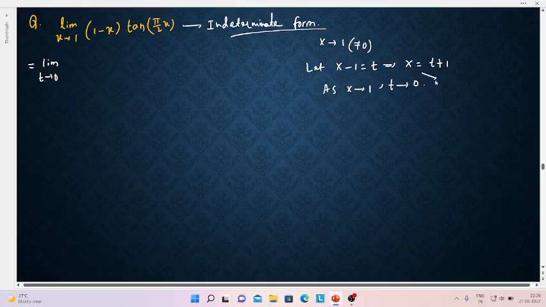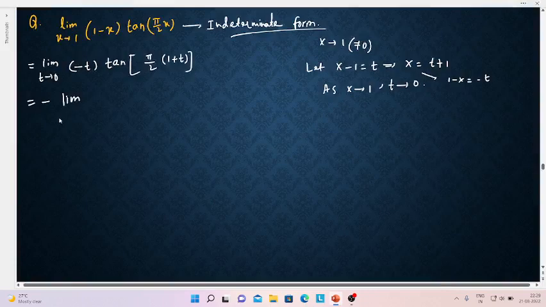And also 1 minus x is nothing but minus t, right? Minus t. So 1 minus x can be written as minus t, and that part will be tan pi by 2 times x, and x can be written as 1 plus t, right? 1 plus t, right? So the negative symbol will be outside of the limit because it is a constant term.